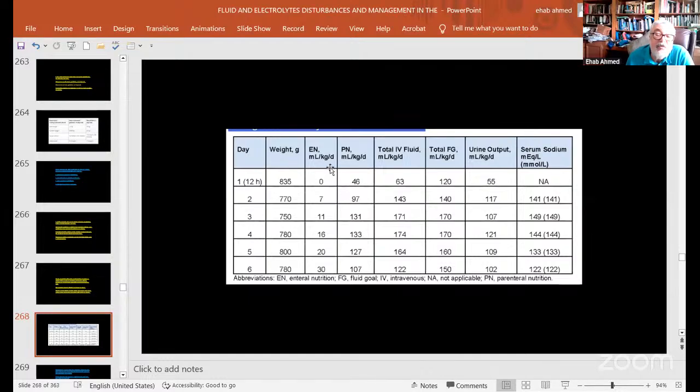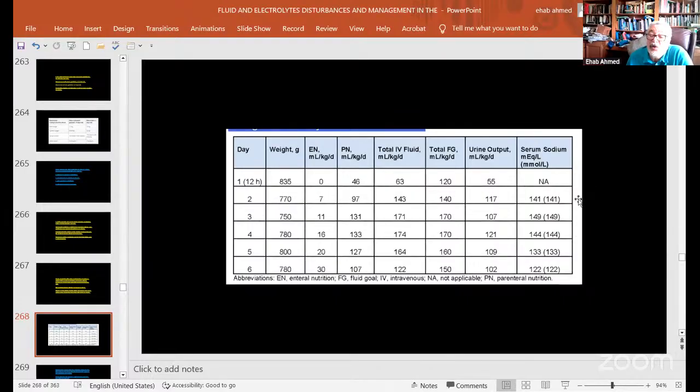So this is the fluids given to the baby, and this is the total fluids given, and these are the total feeds given. This is the urine output per kg per day, which is increasing.